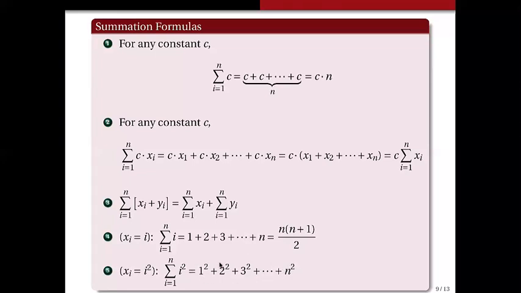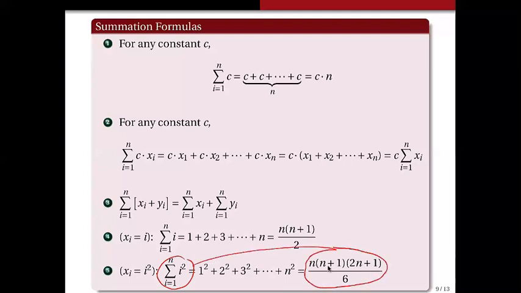If you add this, you will have another formula. This is equal to n times n plus 1 times 2n plus 1 over 6.